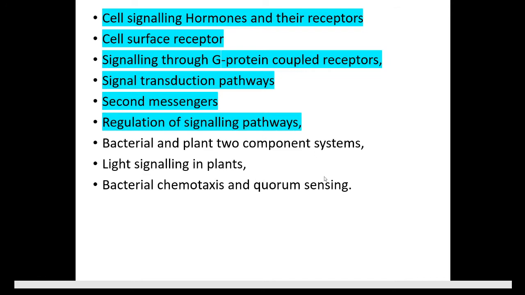These are all 3 different. They are totally deviated from the human cell signaling pathway. So I only left that particular portion. Plant cell signaling is a tomorrow session.